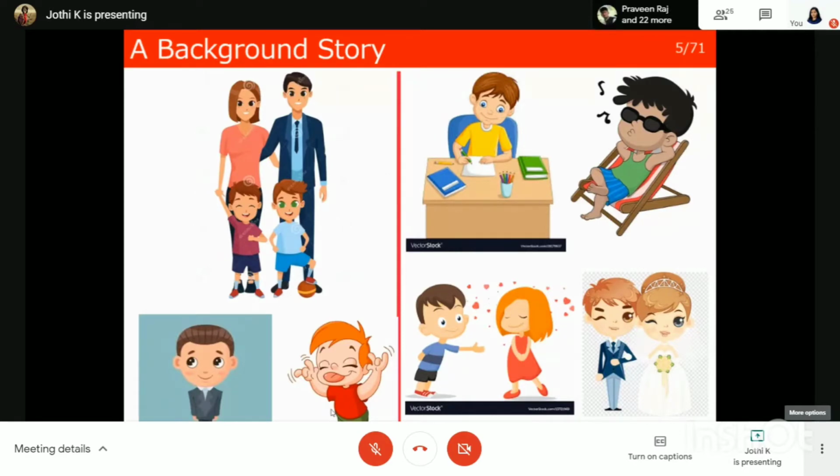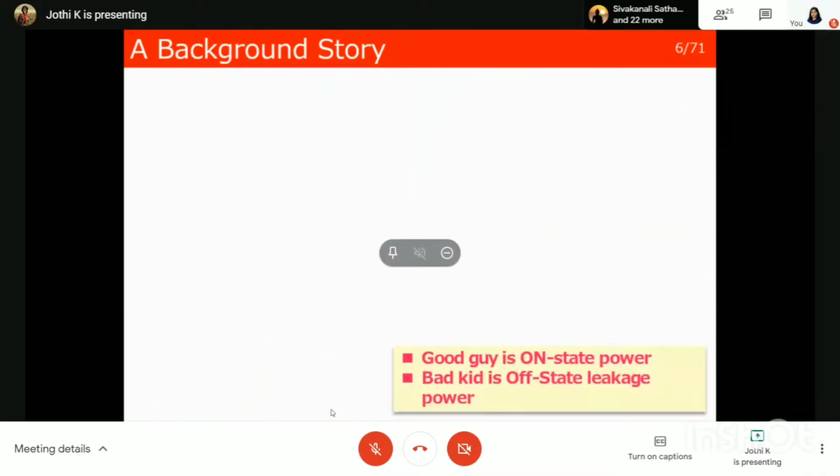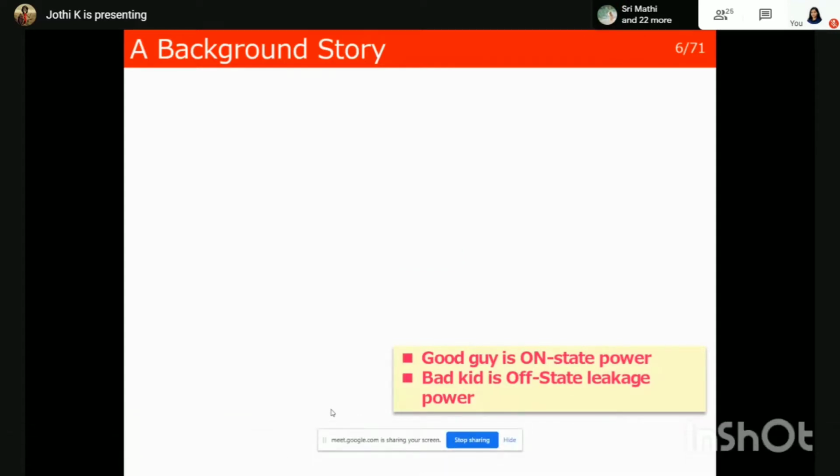If you consider our CMOS electronics as a family, we are now in a situation where we have to take very drastic measures to save the family, or otherwise it leads to a problem. Now the good guy in the family is nothing but the on-state power, meaning the on-state current that produces on-state power. The bad kid is the off-state leakage power. We'll get to know further what on-state and off-state are.